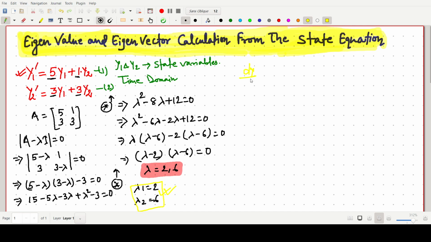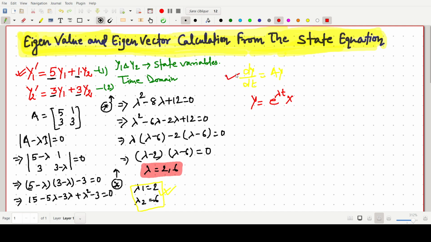One more thing I want to tell you is the origin of this eigenvalue and eigenvector. If dy by dt equals ay, then the solution I already derived in my earlier video. y is simply e to the power lambda t into x.